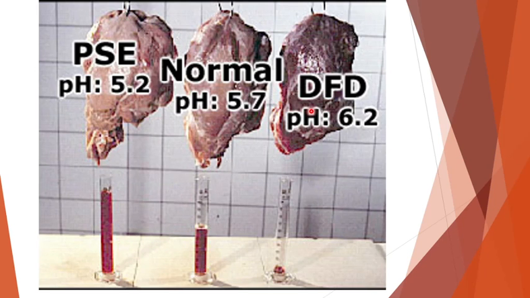So we also have differences in their pH levels, and of course the drip. Normal meat, for example, has a pH of 5.7 and a regular drip. If it's PSE, you shocked the animal before you killed it. The meat, because of the lactic acid buildup, has a pH of 5.2 and a lot of drip, so this is more acidic.